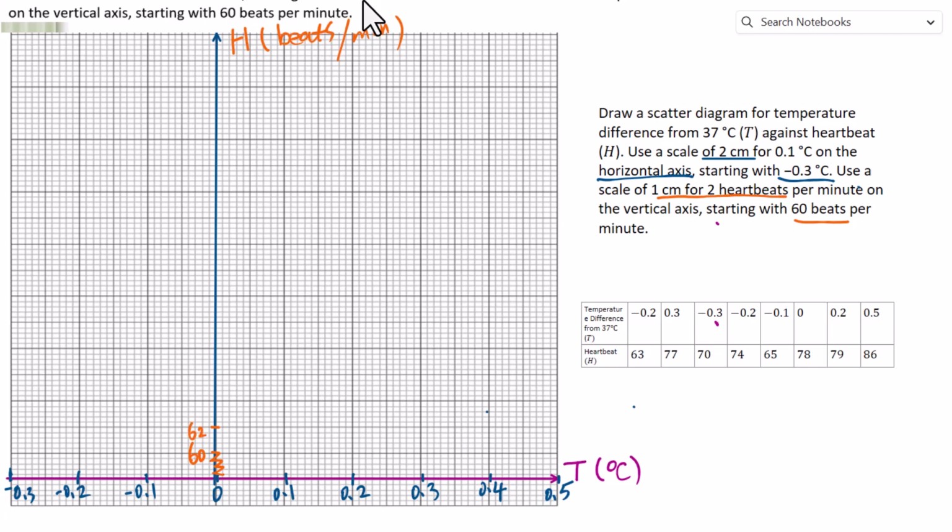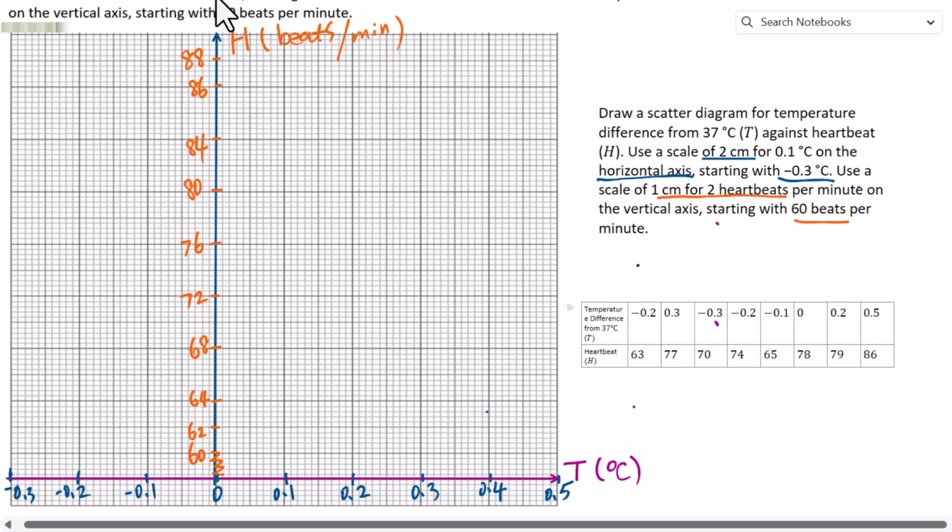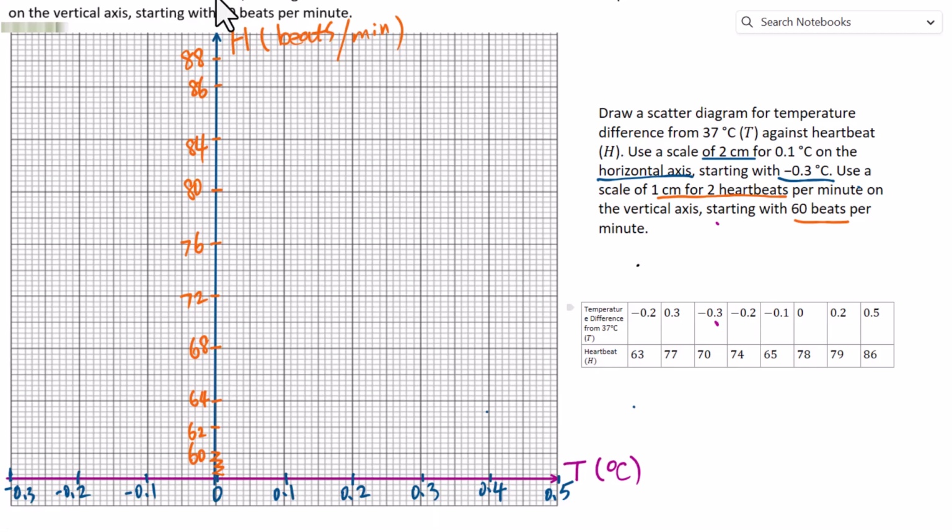62, 64, 68. Then we can plot the points. Negative 0.2, 63. This is 62, 64.